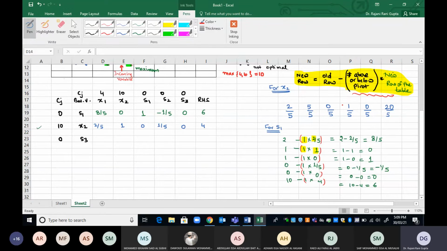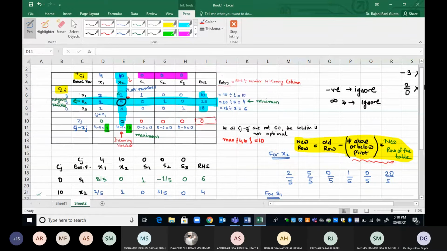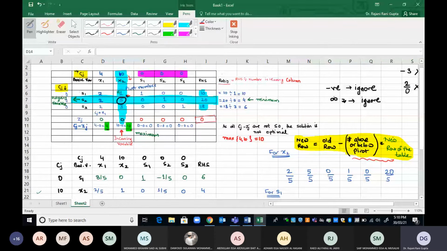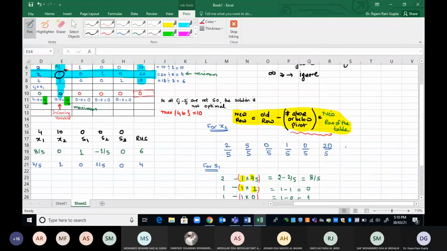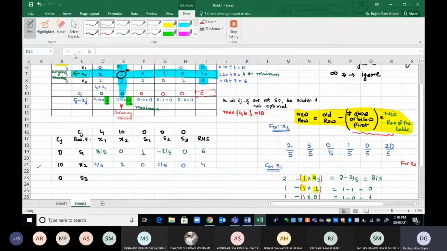Similarly, if we do it for S3, what will happen? In place of the old row, it will be 2, 3, 0, 0, 1, 18. Let me write it here. For S3: 2, 3, 0, 0, 1 and 18 minus the number above or below the pivot. Here it is 5. The position of S3 is down, so the number below the pivot is 3.